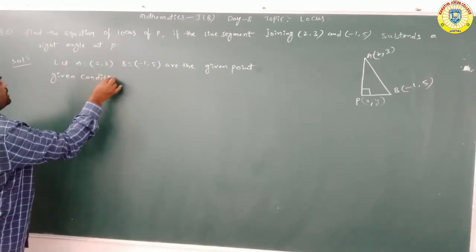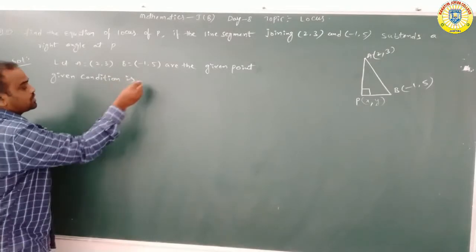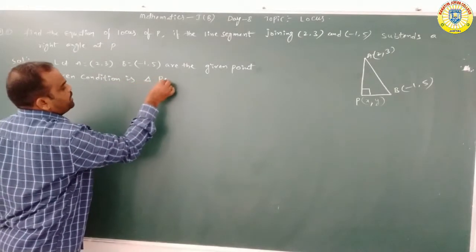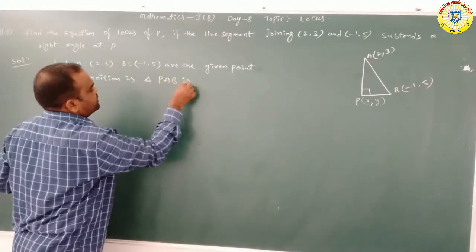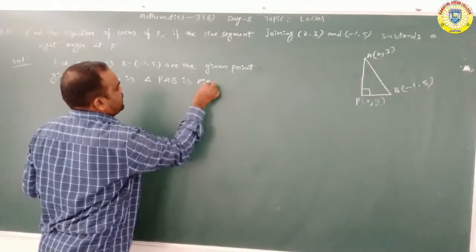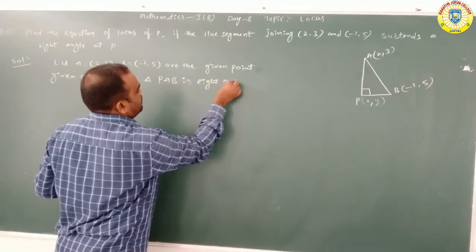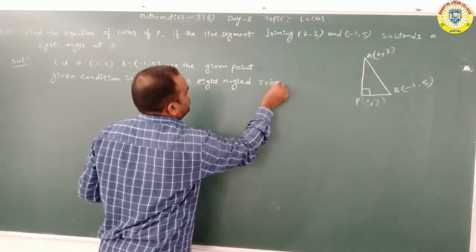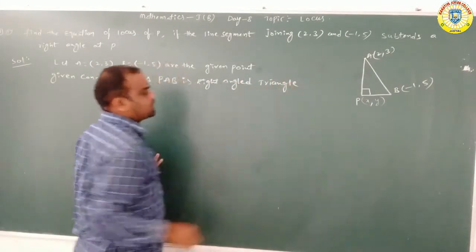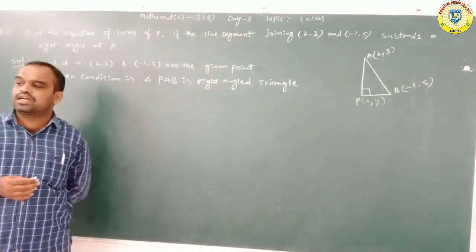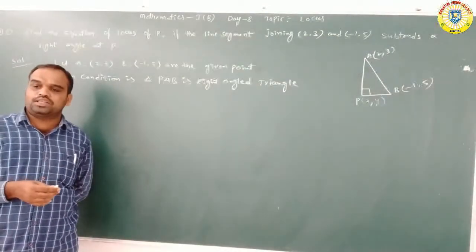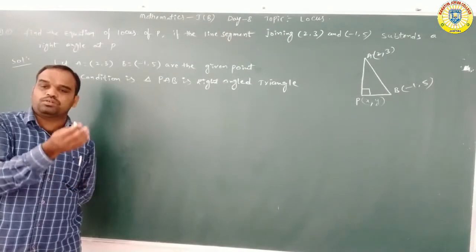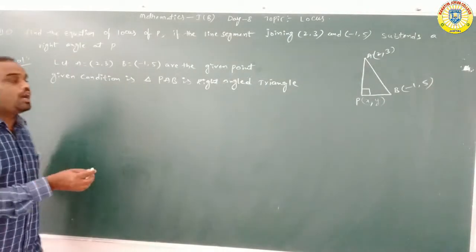The given condition is that triangle PAB is a right angled triangle, so it satisfies the Pythagoras theorem: hypotenuse squared equals base squared plus height squared.